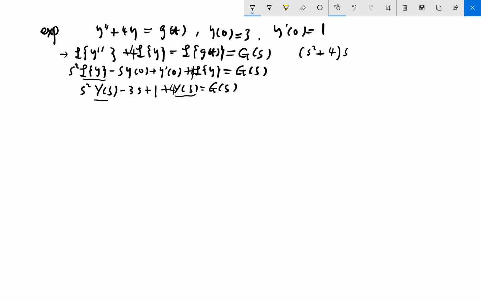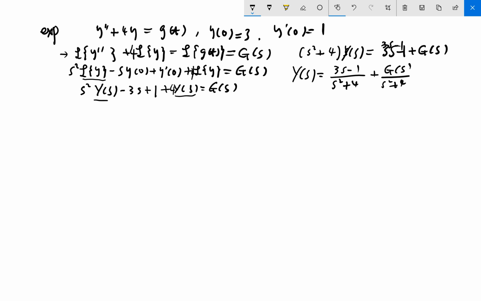Then you got s squared plus 4, times capital Ys, equal to 3s minus 1 plus G sub s. So you solve for capital Ys, which gives you 3s minus 1 over s squared plus 4, plus capital G sub s over s squared plus 4.